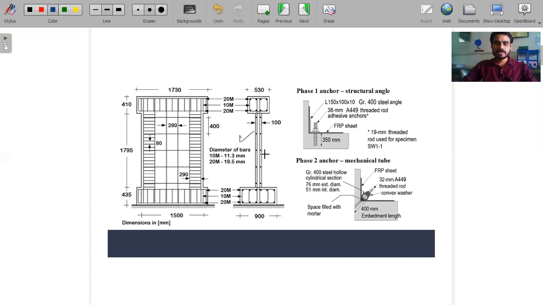In the cross section, we can see the detail of the reinforcement: longitudinal and lateral bars in two layers. Here is the detail of reinforcement in the basement, and at the top, like a beam. In these patterns, the steel is placed in any RCC shear wall.